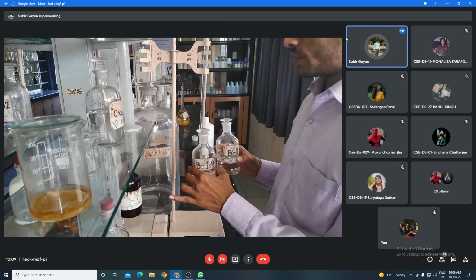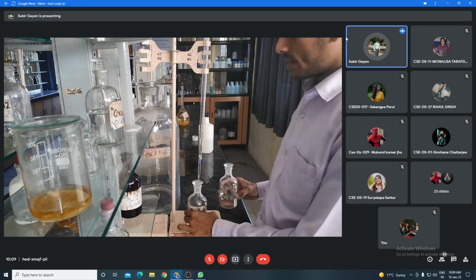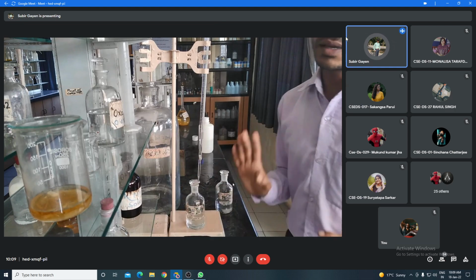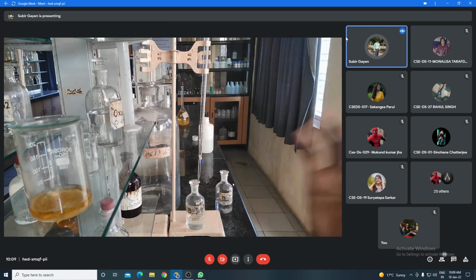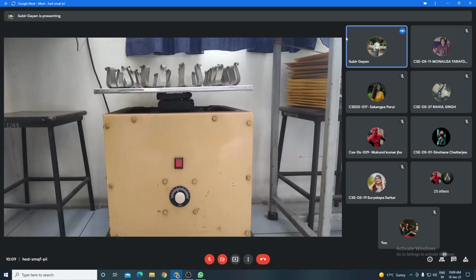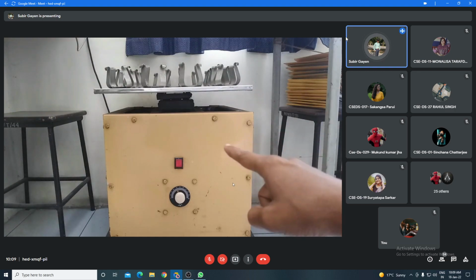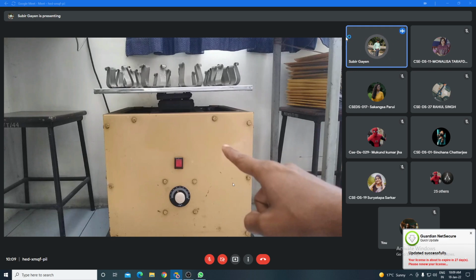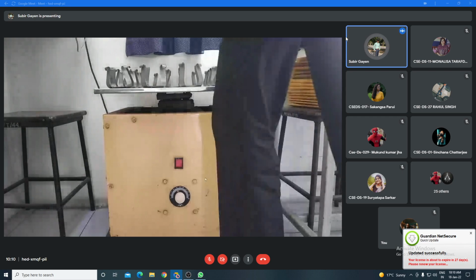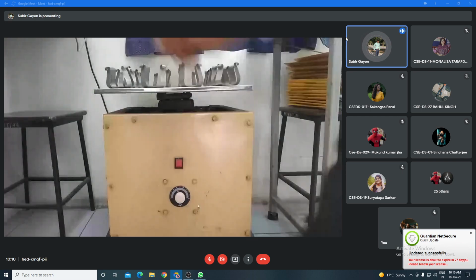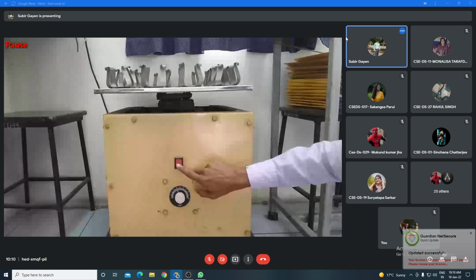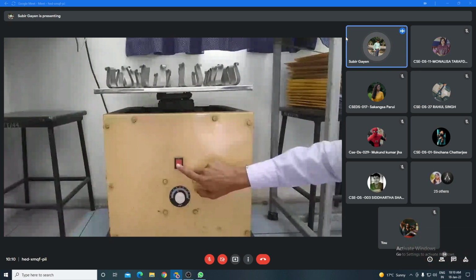Now I will show you how to shake mechanically in a mechanical shaker. This is called a mechanical shaker. At first you have to switch it on. Is it visible to all? Yes, sir. Okay.